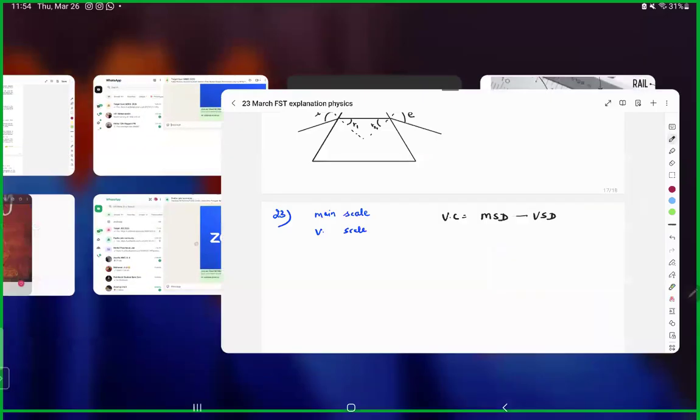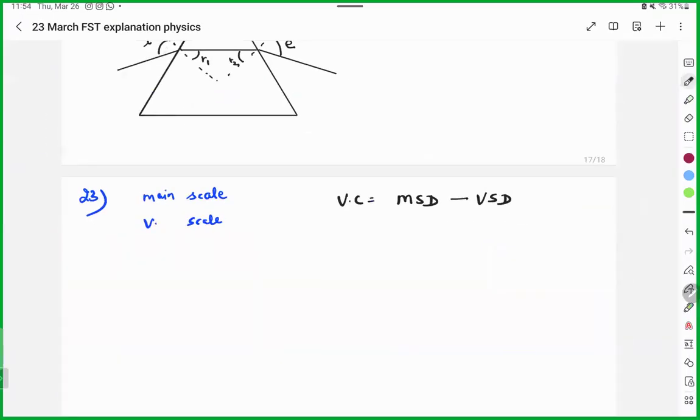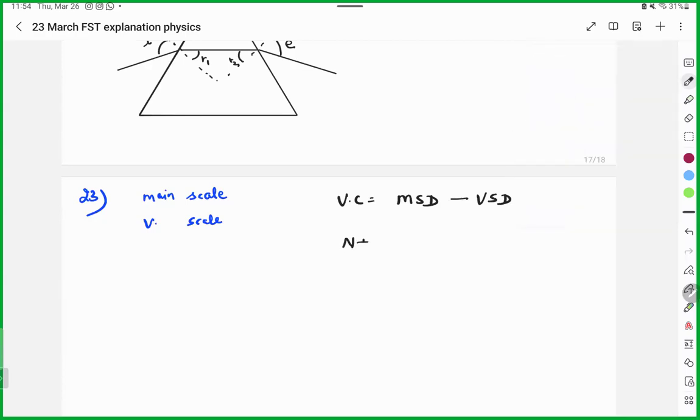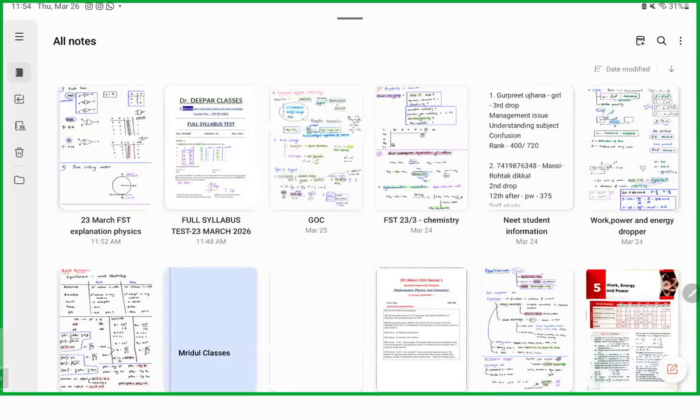Okay, come to this point again। This is the value you get in case of vernier caliper। यहाँ पे रूल ये होता है कि whatever is your n plus 1 value of the vernier scale division will match with n value of the main scale division, and this is given in the question। ऐसा नहीं है कि हम खुद से बोल रहे हैं, this is given in the question। How?